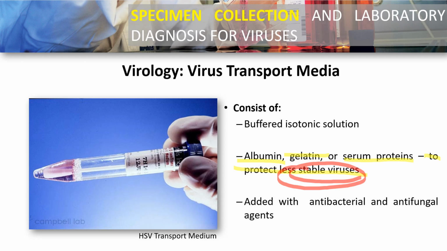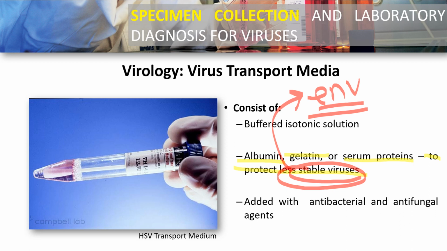The answer is easy, class. Less stable viruses are those that have, correct, class, an envelope. Viruses with an envelope are less stable compared to naked viruses. Why?